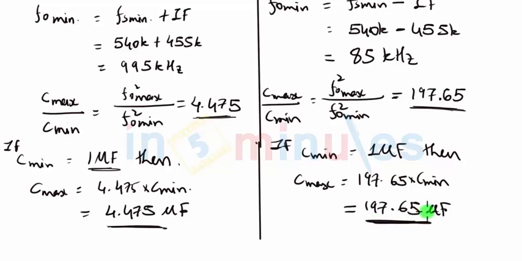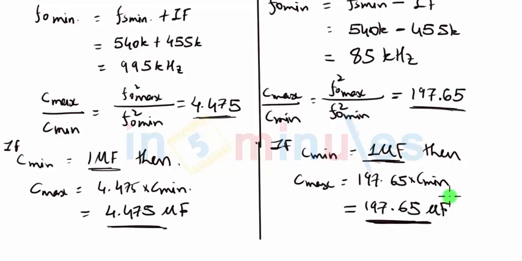So the variable capacitor I will need must have the range of capacitance varying from 1 microfarad to 197.6 microfarad, which is almost 200 microfarad. So here the range is approximately from 1 micro to 4.5 micro, and here the range is 1 micro to 200 micro.